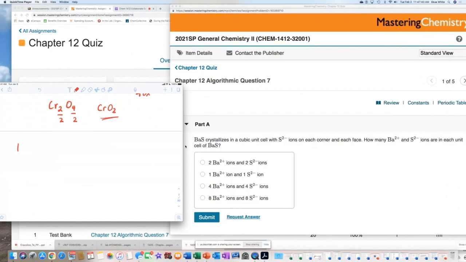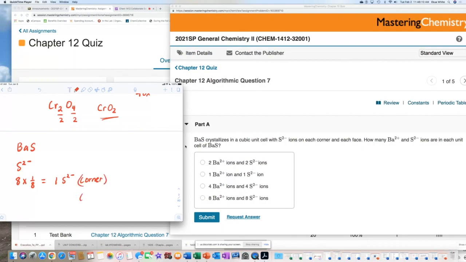So we know that there's S2 minus on each corner. That means that you essentially have 8 times 1/8 pieces. That will make one S2 minus on the corner, right? And then it says there's one on each face.